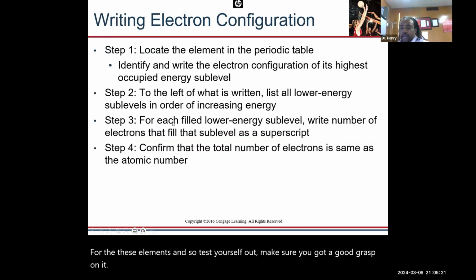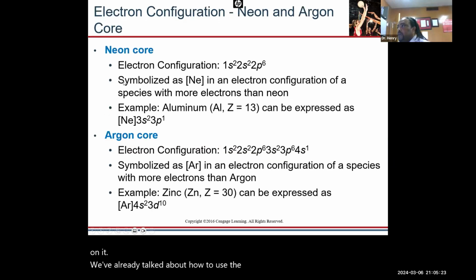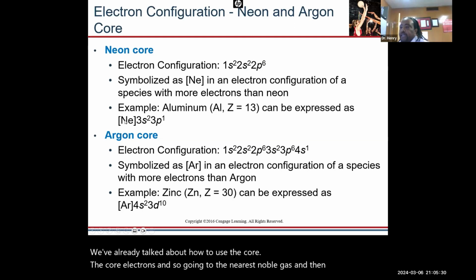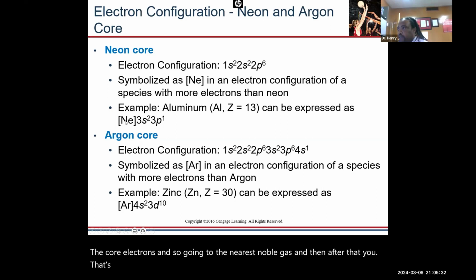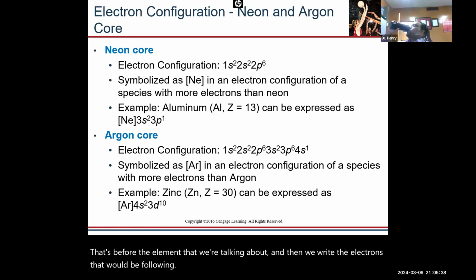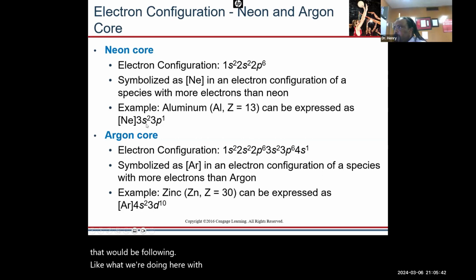We've already talked about how to use the core electrons: going to the nearest noble gas before the element we're talking about, and then writing the electrons that follow. Like what we're doing here with neon, this is neon's core configuration. We did aluminum earlier.